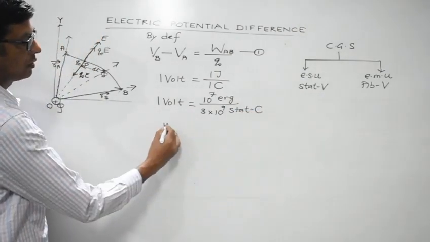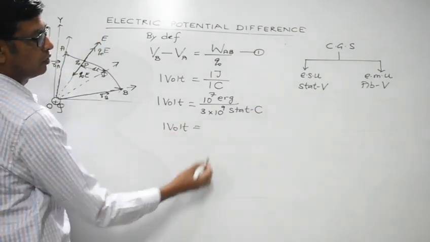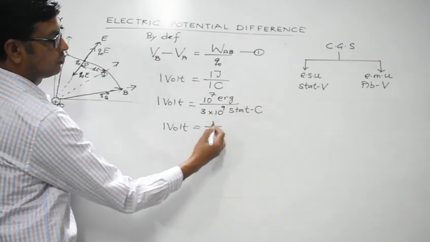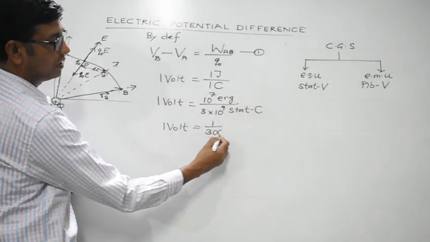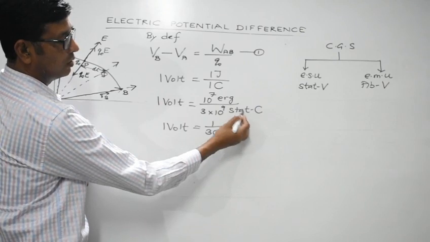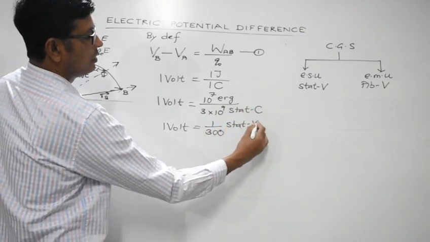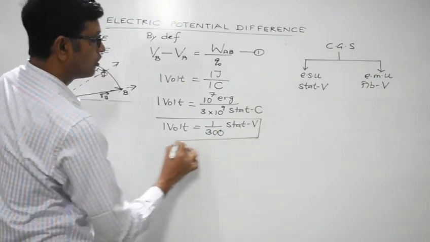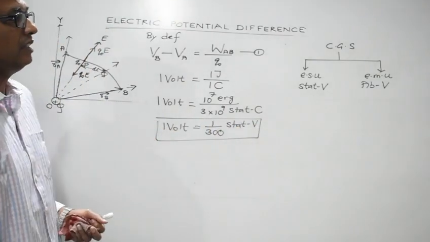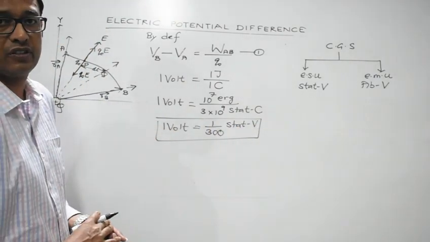So what we get is 1 volt is equal to 1 by 3 into 10 to the 2, which is 1 by 300 erg divided by stat coulomb. Erg divided by stat coulomb is stat volt. This is the relationship between the SI and the ESU CGS unit of potential difference.